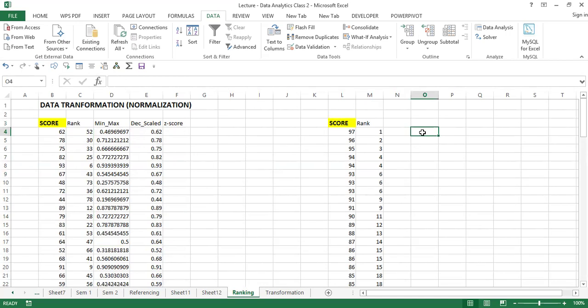The data analytics process includes capturing of data, preparation of data, pre-processing or exploration, analysis, and interpretation. What we are doing now is part of data preparation. So this is not just mere Excel. This is real data analytics.